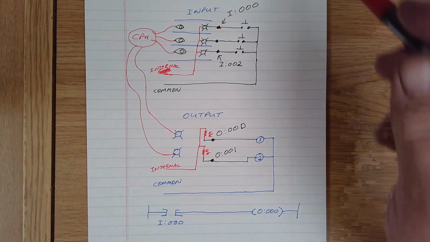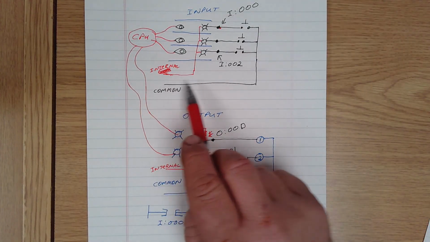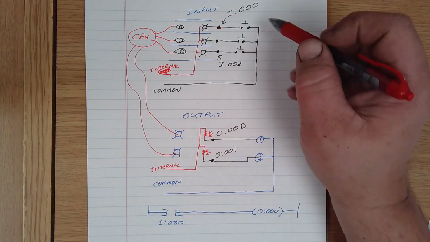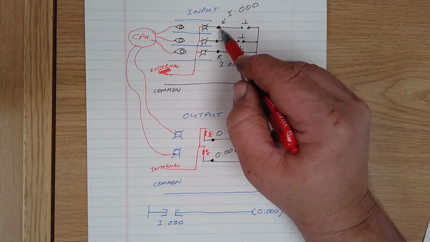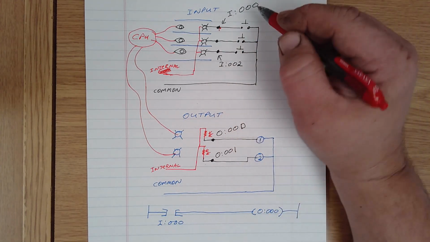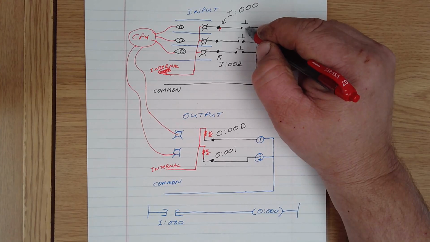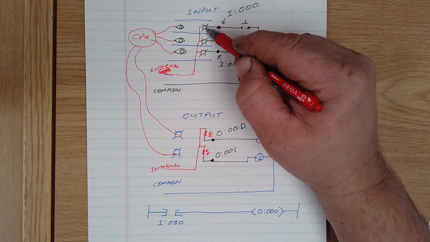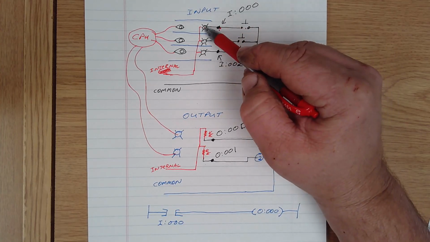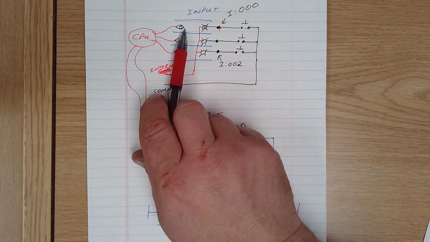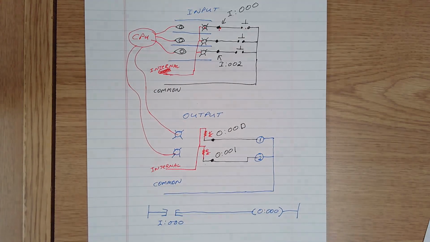So what happens in here is you see your common terminal run out to these buttons, and from the button back to the input terminal. When you push this button and you close this circuit, this light lights up. When this light lights up, this eye sees that light and sends that information to the CPU, which is basically the brain.